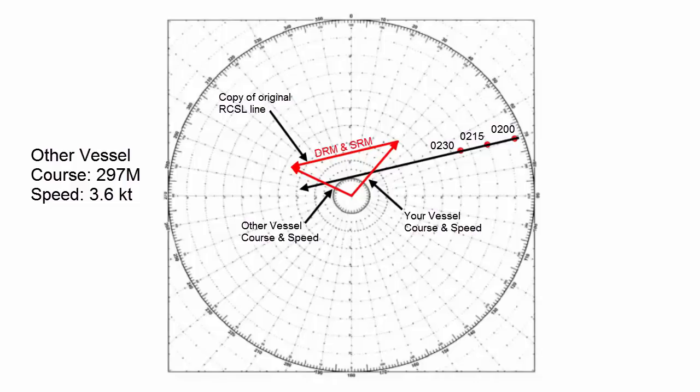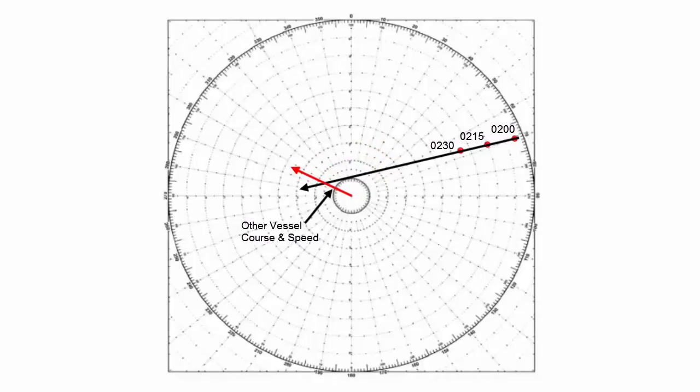Next, in order to calculate the course change that you need to make, let's focus just on the original RCSL line and the other vessel's course and speed vector for the following. Calculate the distance, D2, between times 0230 and 0245 on the original RCSL line.